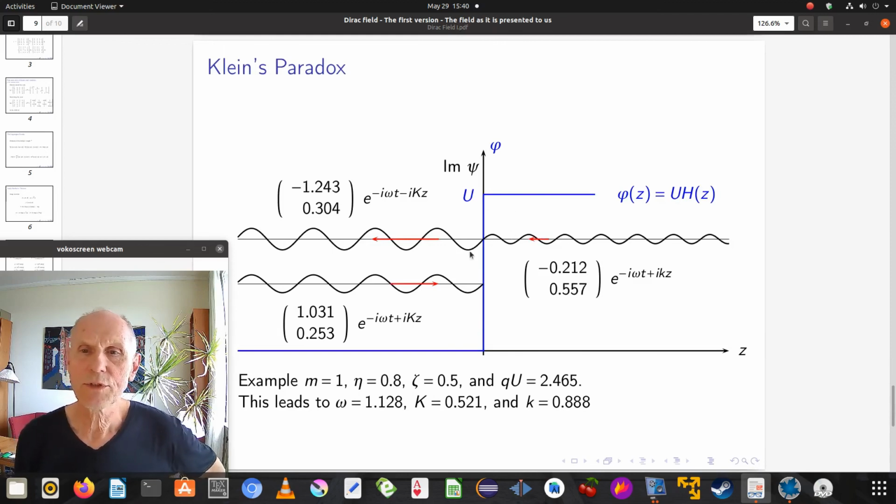Going back to the first example, here we have two incoming waves, and the outgoing wave is simply this one reflected plus this guy. What has happened is that the antiparticles coming here with all their negative kinetic energy, they have so much potential energy that their total energy becomes positive.